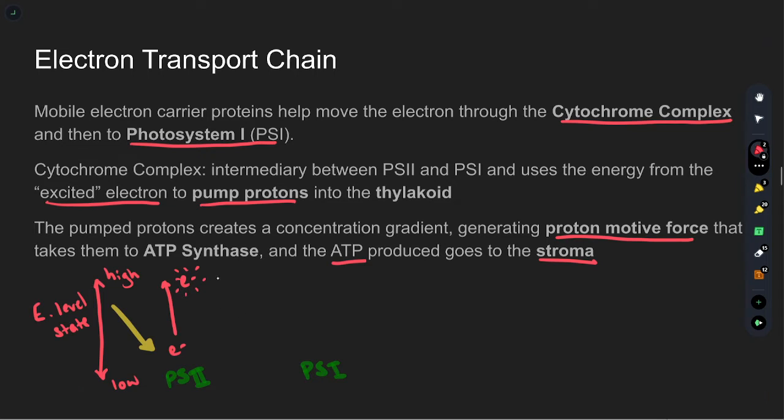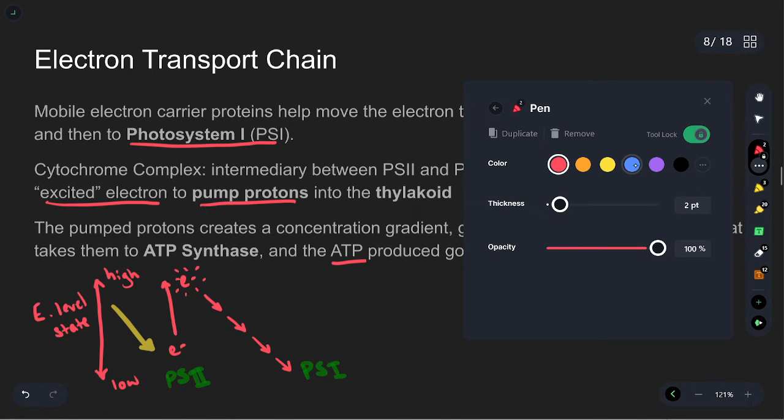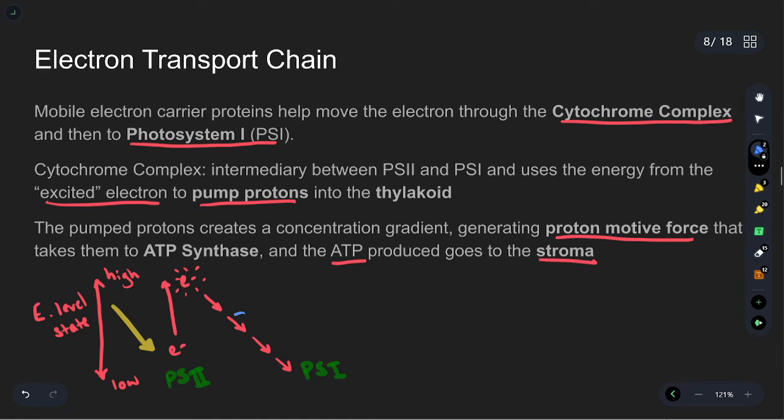This electron participates in the electron transport chain via redox reactions. As it moves through the ETC, the electron decays, quote unquote. What I mean by that is it decreases in energy level state over time. I forgot to put the cytochrome complex in here.